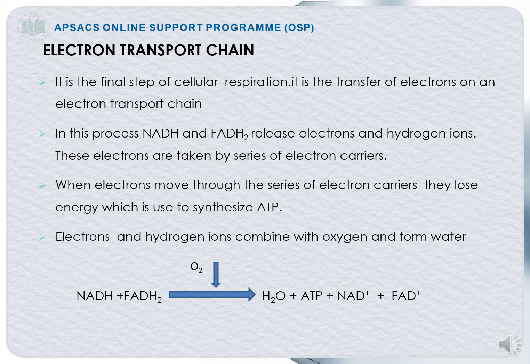And as I have also told you, when the electrons move in the electron transport chain, they continuously release energy, which is then used to synthesize ATP, and at the end ATP is formed. So this was the final step of cellular respiration, and this is the end of the topic.